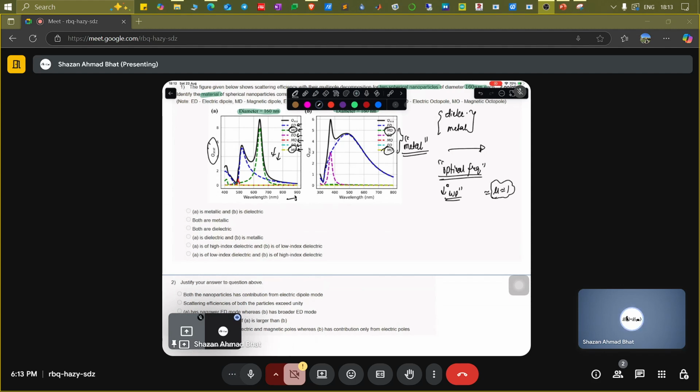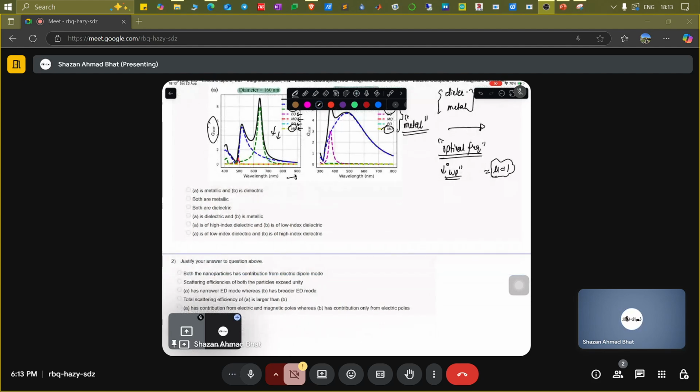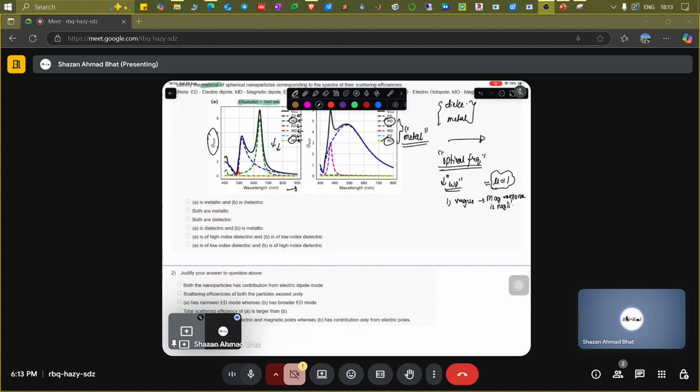If it's not a magnetic material, and we're talking about a metal, then the magnetic response is going to be negligible. That is one vague argument. That means you cannot get a resonance from the magnetic part. You cannot have a magnetic dipole in this metallic system.